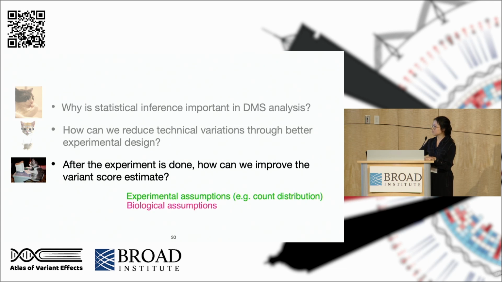And here I'm going to focus on biological assumptions, because we just had a paper accepted using biological assumptions, and hopefully we show that biological assumptions really help improve your variant score estimate.